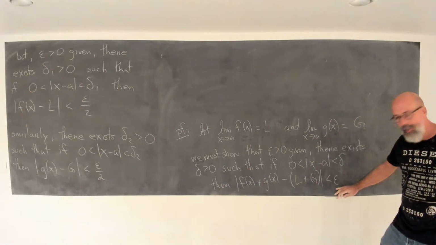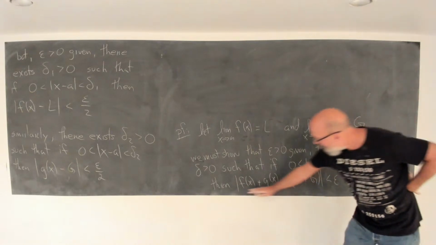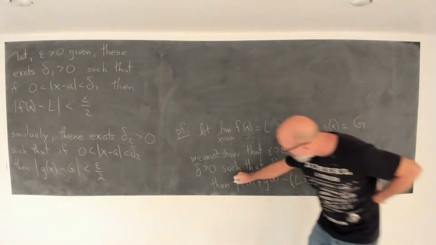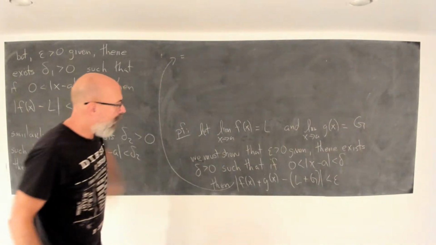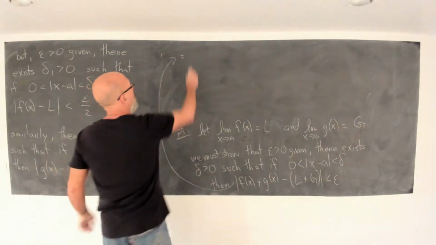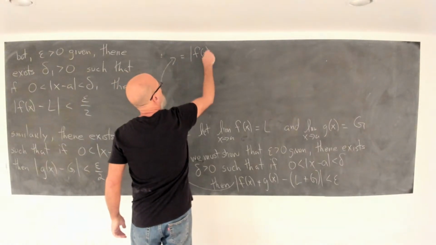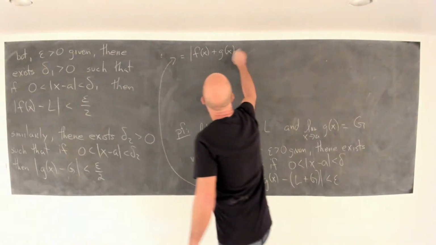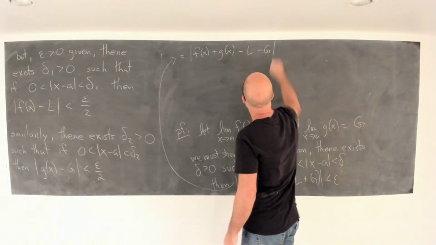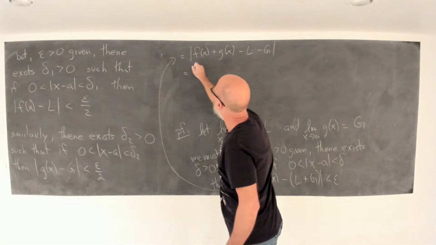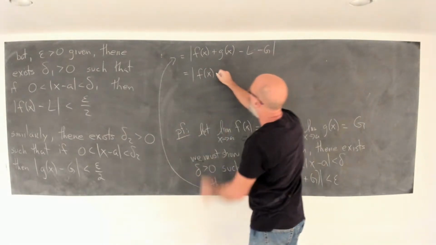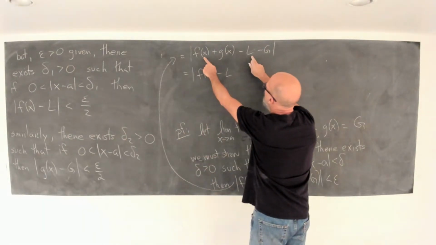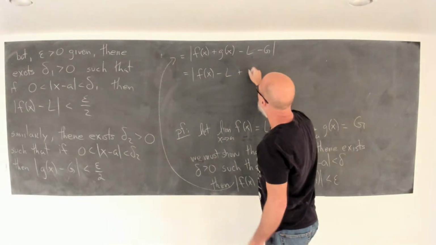We want to show that this is less than epsilon. So start off with this business. Let's open up the brackets. This is f of x plus g of x minus L minus G, which is, I'm going to group these together and those together.